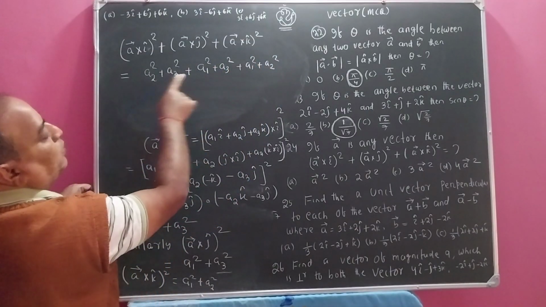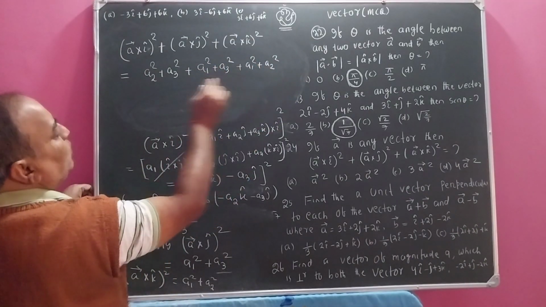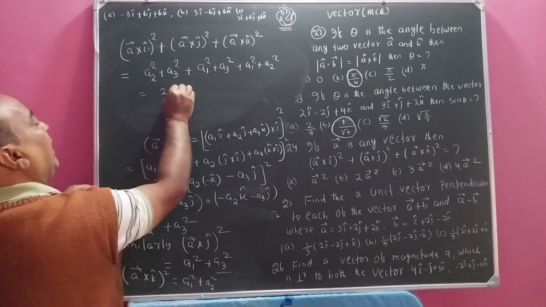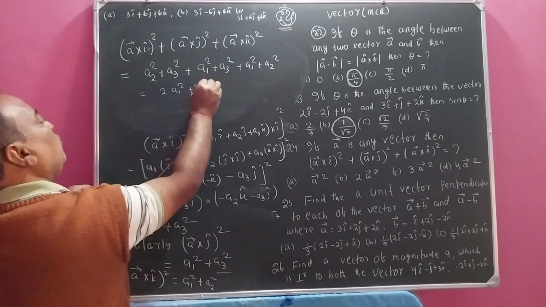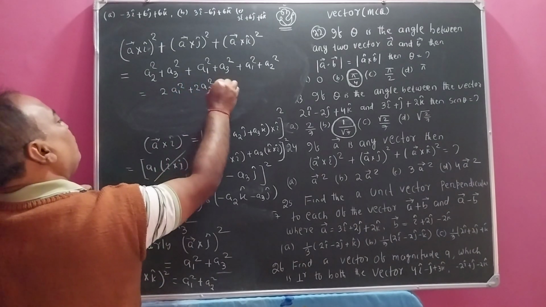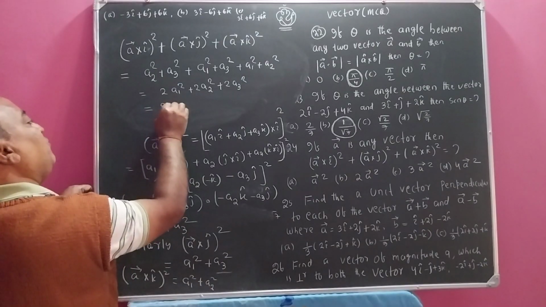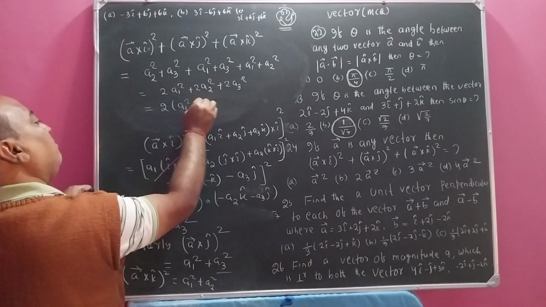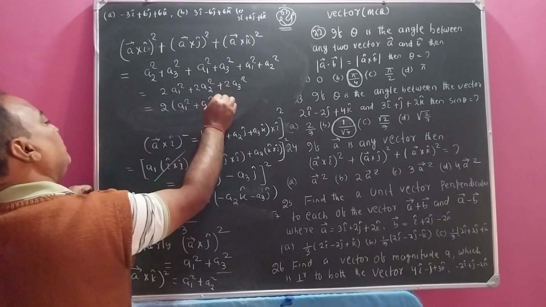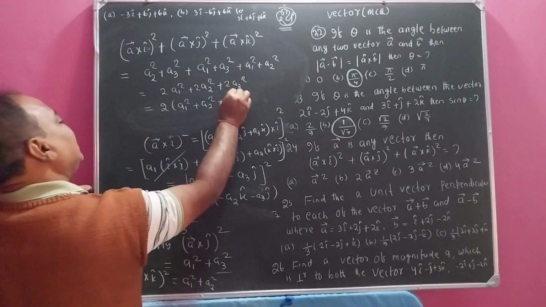So that is 2A1 square plus 2A2 square plus 2A3 square. So that can be written as 2 into A1 square plus A2 square plus A3 square.